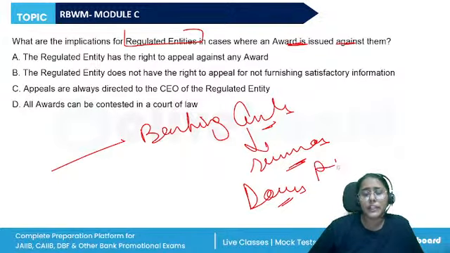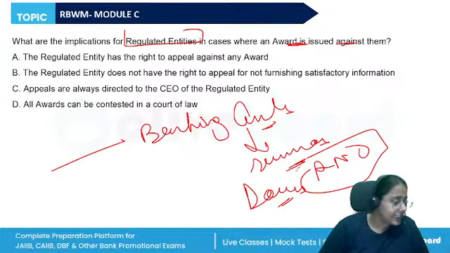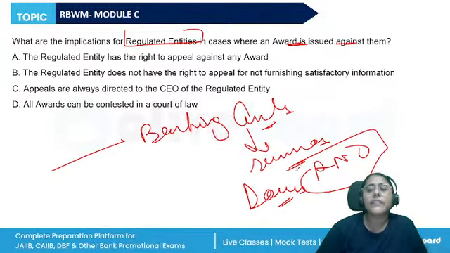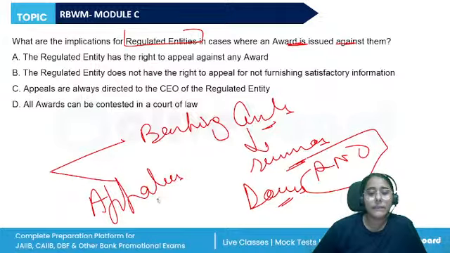The principal nodal officer will represent the regulated entity, the bank, all right? And then on the basis of the complaint of the customer and the documents given by the regulated entity, the ombudsman will give their award. If the customer is not satisfied, they have the right to take their complaint to the appellate authority.